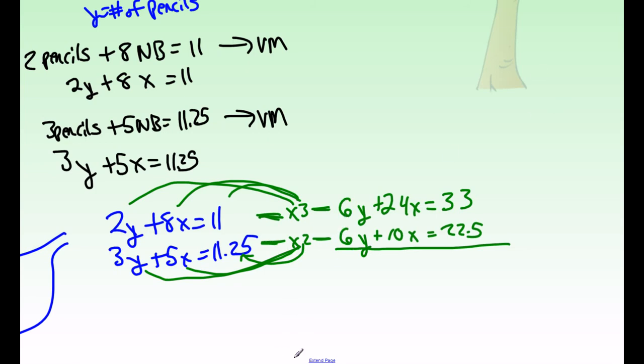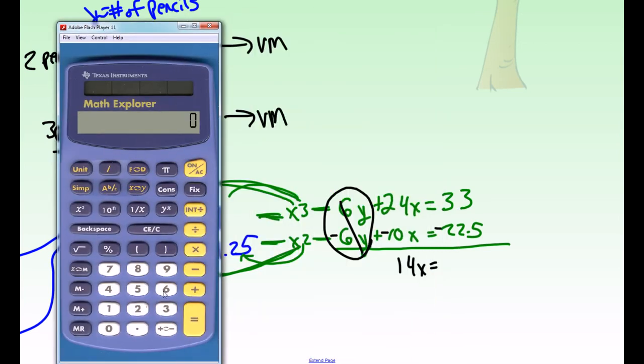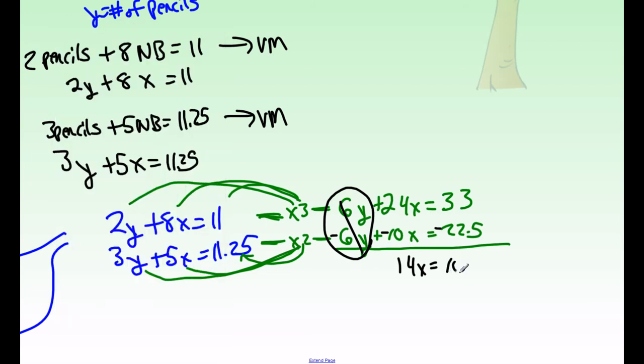So let's eliminate. Subtract them. And remember, when you subtract, you can just change the sign of the entire row, so minus, negative, negative. Makes my life easier. These cancel. Positive, negative, gone. 24 minus 10 is 14 x's. 33 minus 22 and a half, 10.5.